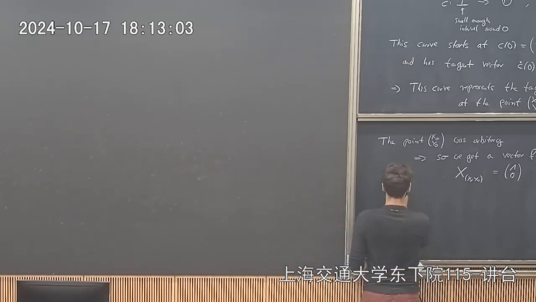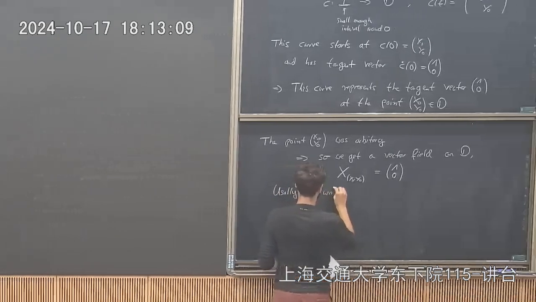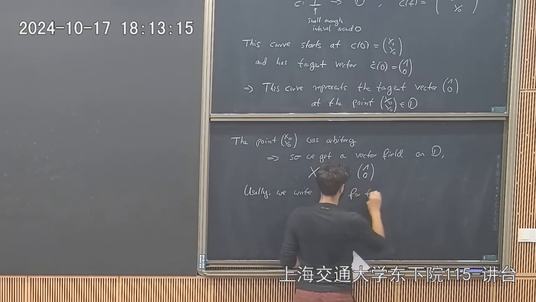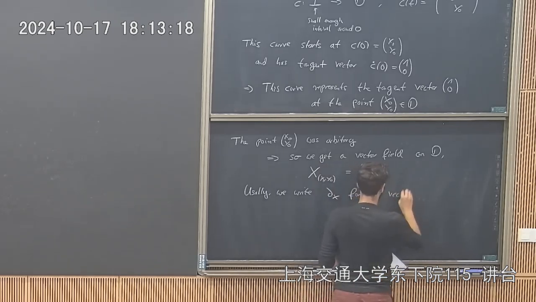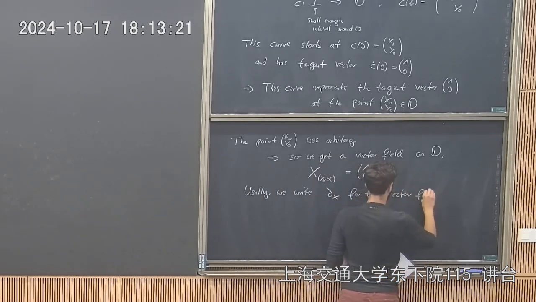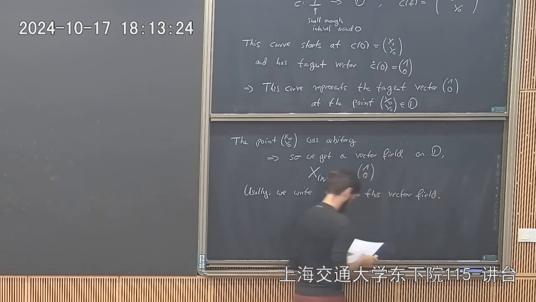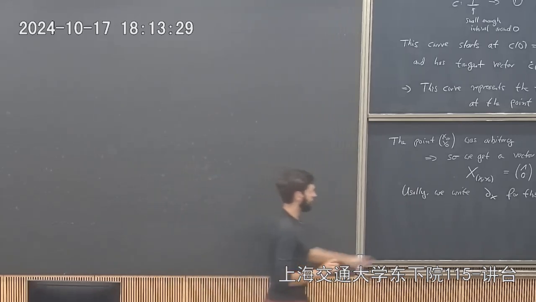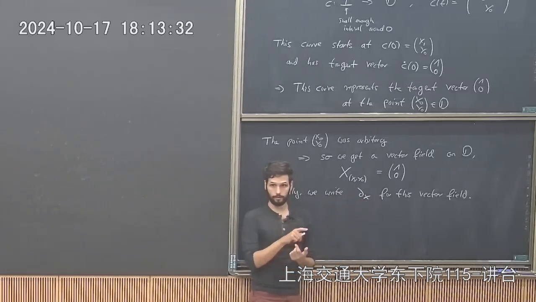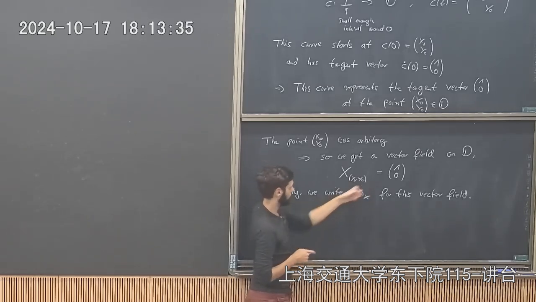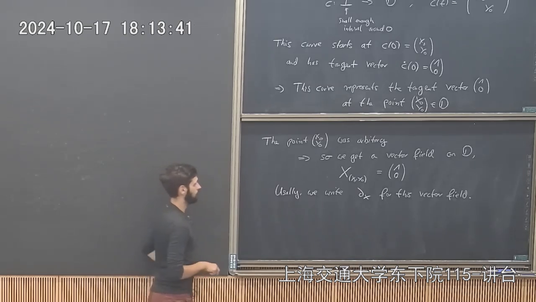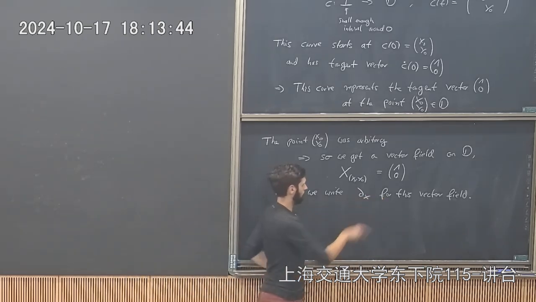And usually we write dx for this vector field. So it's maybe a little bit confusing, but dx is a vector field that points in the x direction on D. It's really just a notation, that it's pointing in a certain direction.